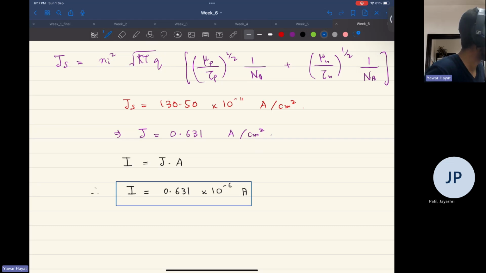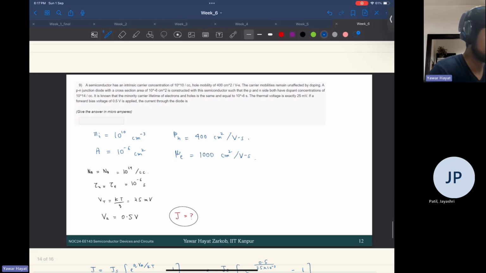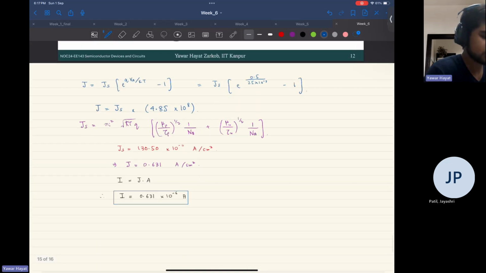Okay, so that gives us the I. That was what I needed to compute, because in this question we were asked to find the I, the current through the diode. So this would be 0.631 microamperes.